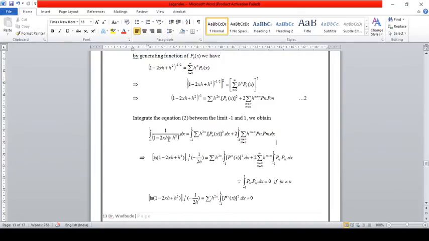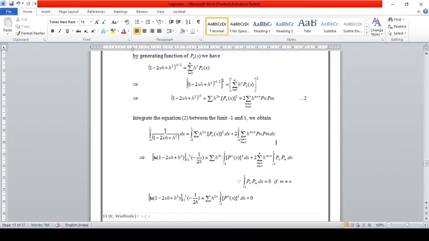Here we are integrating between minus 1 to 1, integrating the first part and the second part. Now the first part: the integration of this part is log(1 minus twice xh plus h square), limit is minus 1 to 1, and integration of this part with respect to x gives us minus 1 upon twice h.